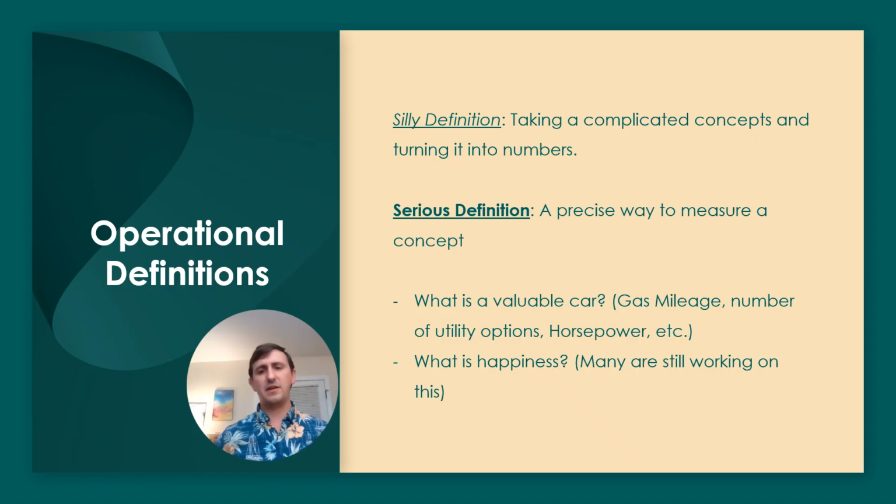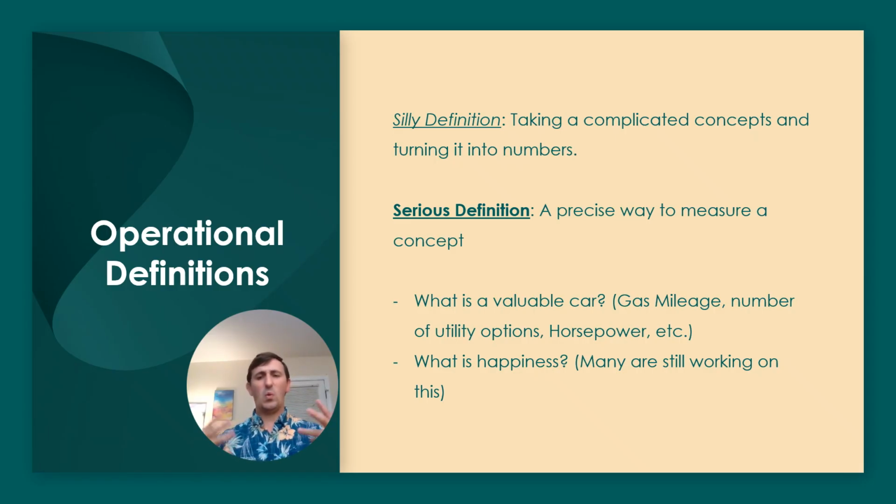Well, what are some precise ways to measure value? Gas mileage, right? Those are precise numbers. You can count up the number of utility options, like how many extra features are in that car. You can count those, and because we're counting, that's precise. That's what makes it a precise way to measure the concept.